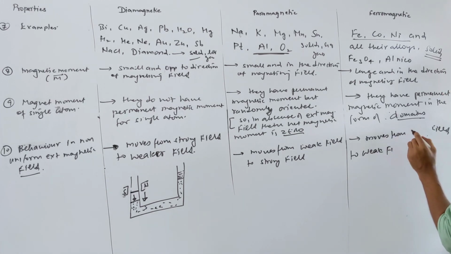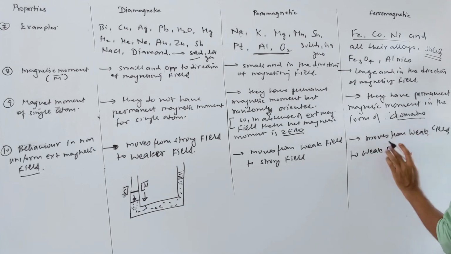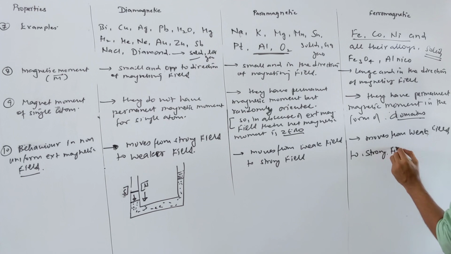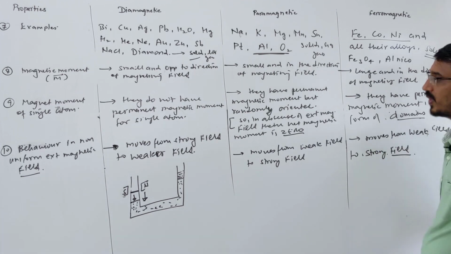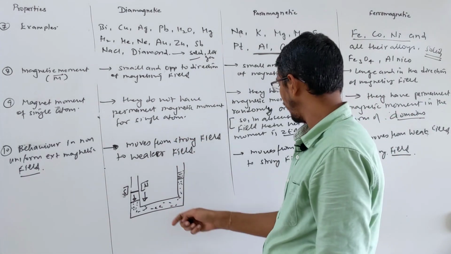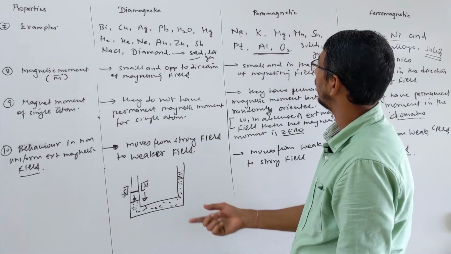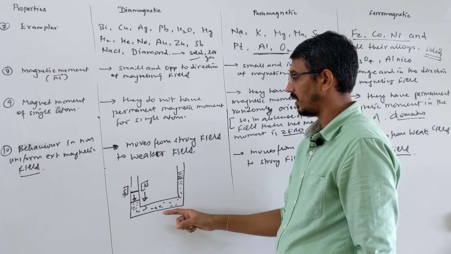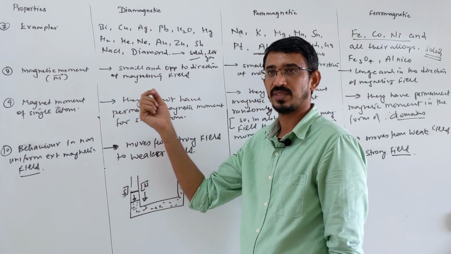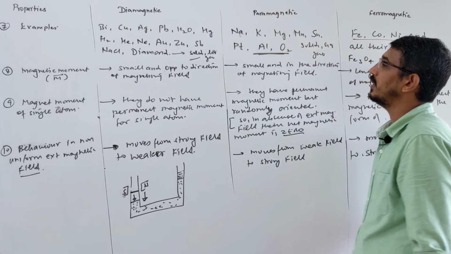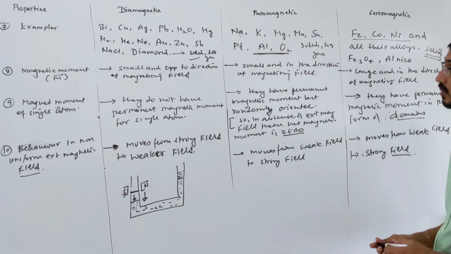It moves from weak field to strong field. So this guy moves from strong to weak. These two guys move from weak to strong. So if the material filled here is para or ferro type of material, then the liquid level will rise. It moves towards the magnet's strong field.